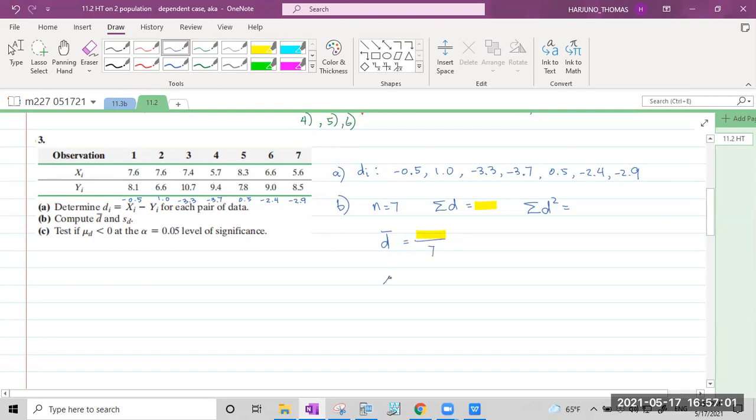And then the variance of the differences equals 7 times the sum of D squared minus the sum of D being squared. Remember that formula? Over 7 times 6.